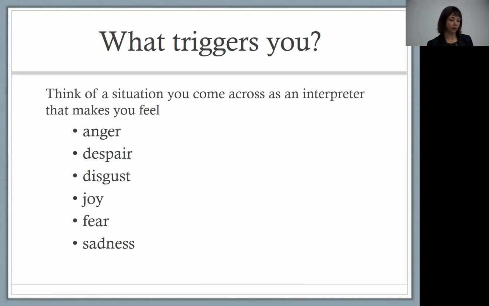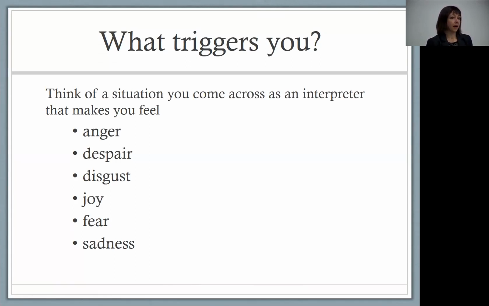This isn't done in a classroom, but really try to think to yourself, what are the kinds of things that trigger an emotional reaction? An emotional reaction can be any of these things: anger, despair, disgust. We don't talk about that a lot, but really, in medical interpreting, sometimes things are really disgusting.